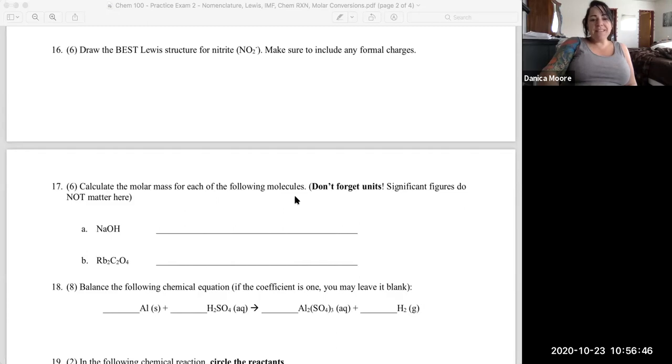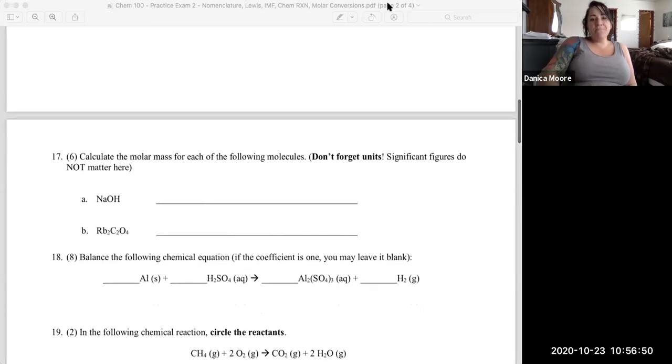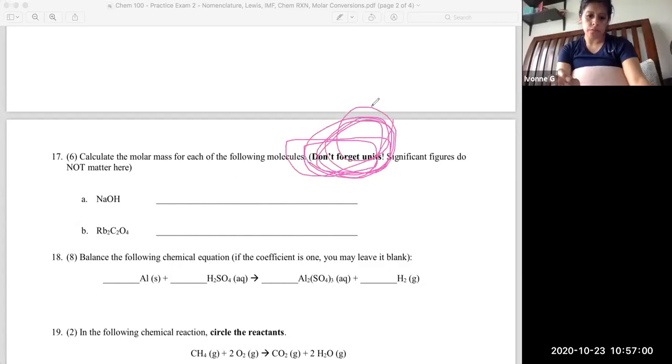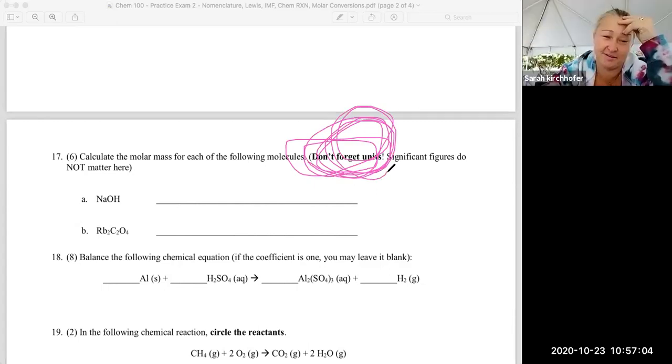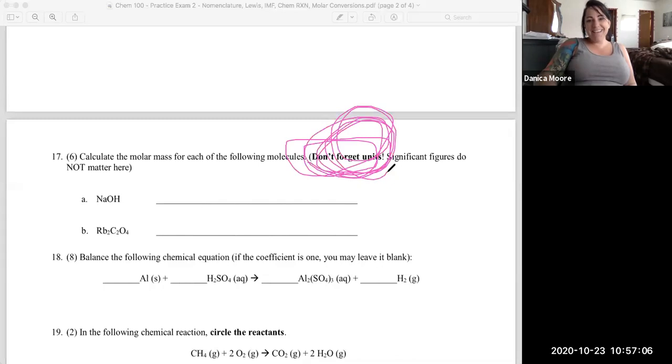Okay, so calculate the molar mass for each of the following molecules. I can't stress this to you guys enough: never again forget units. Ever. Because a lot of the time, it's 50% of the question.